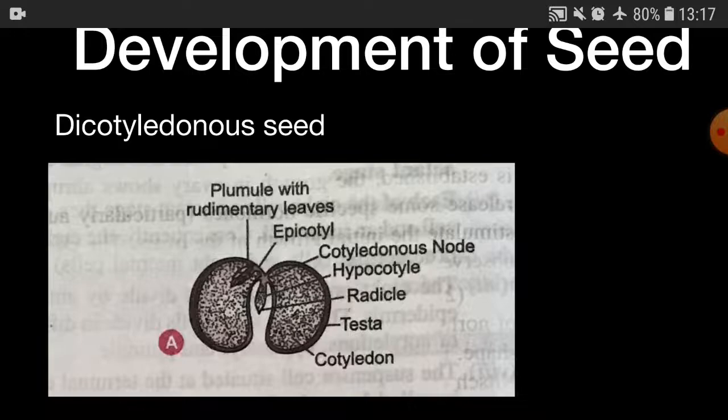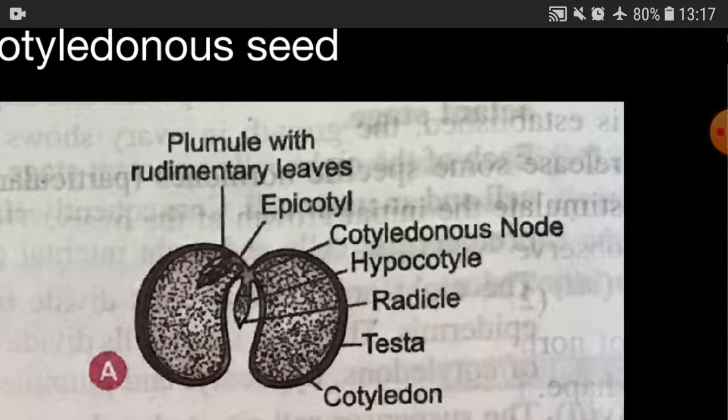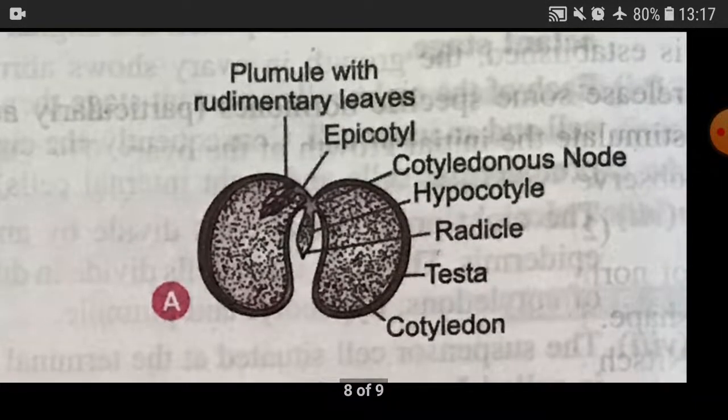So, in angiosperms, the seed is the final product of sexual reproduction. It is often described as a fertilized ovule. Seeds are formed inside fruits.